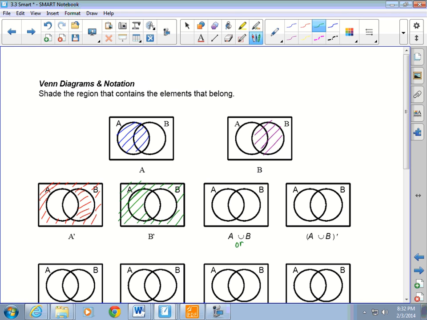So everything that is in A or B is everything in A and everything in B. So A union B, or the union of A and B prime, means that everything that is not in A or B. So that's then going to be everything on the outside here. Oh, I better change my color there.